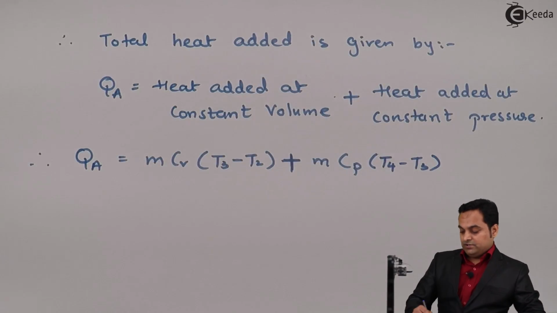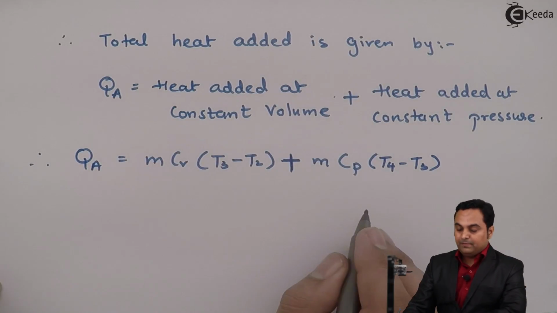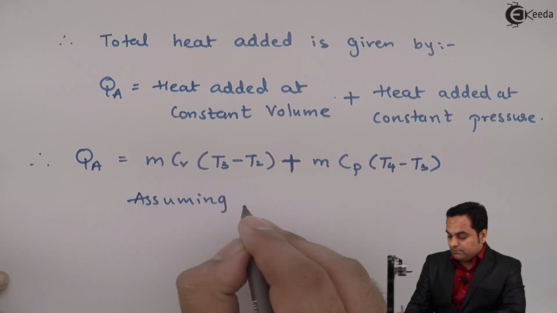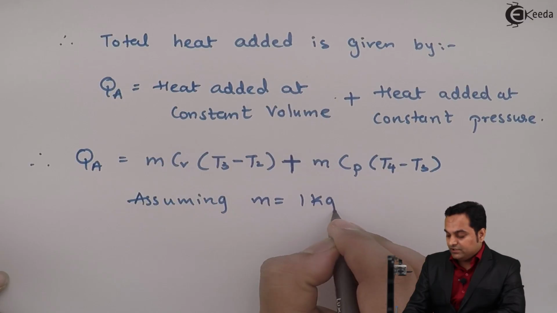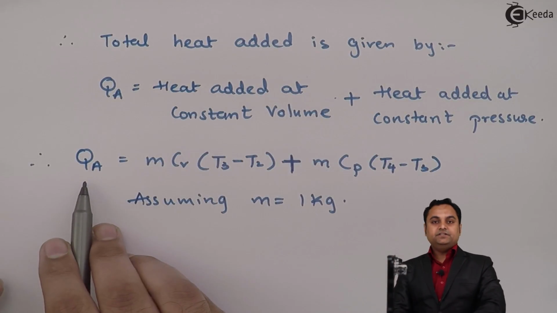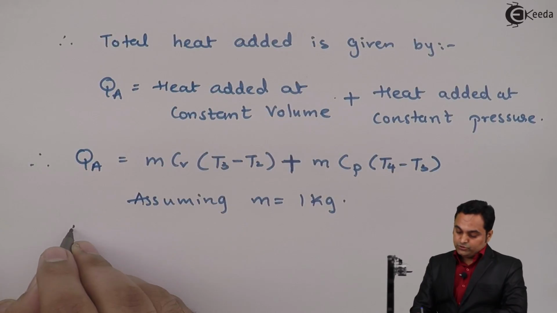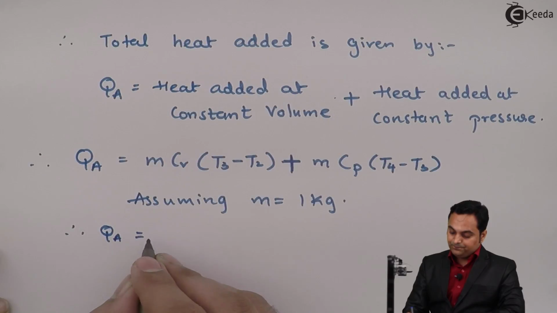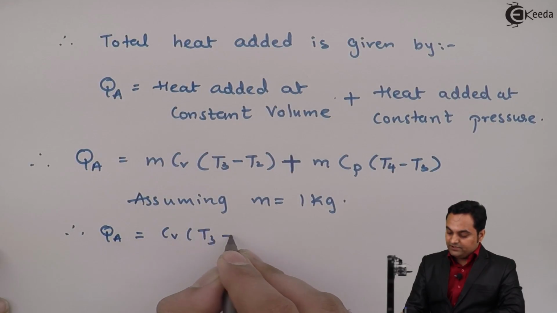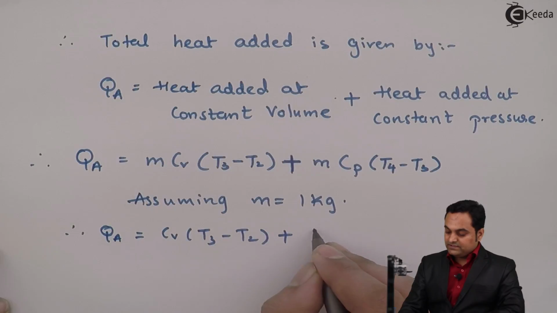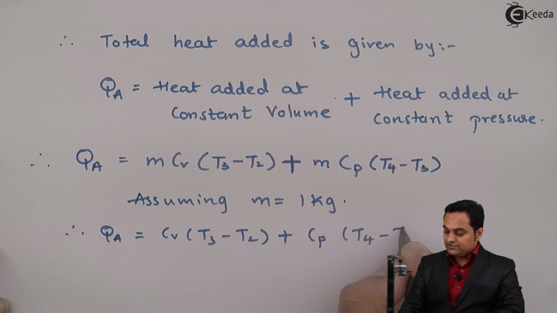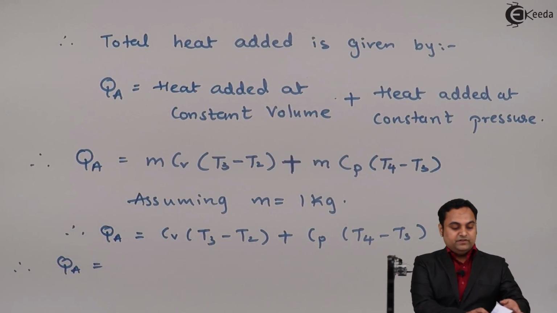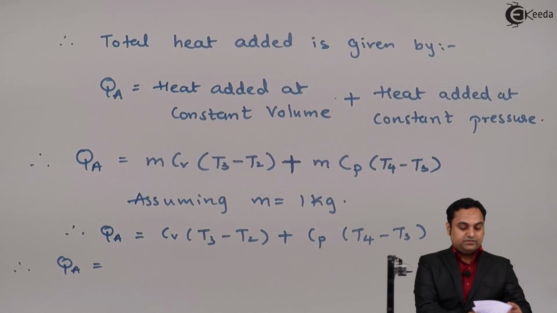Therefore, here I'll say that assuming the mass m is equal to 1 kg, we will calculate the heat added in terms of per kg basis. So if the mass is 1 kg, we are left with Cv (T3 minus T2) plus Cp (T4 minus T3), putting all the values.